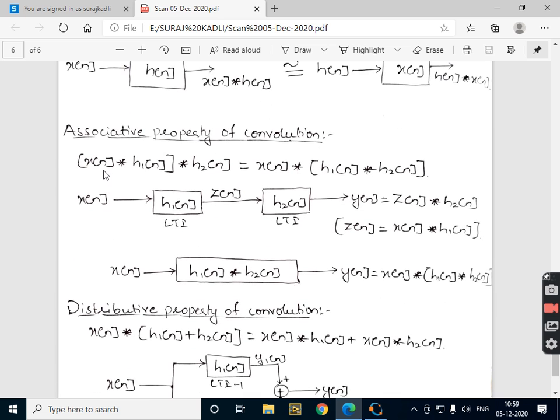The associative property states that x convolved with h1, with this entire convolution convolved with h2, has to equal x convolved with the convolution between h1 and h2.